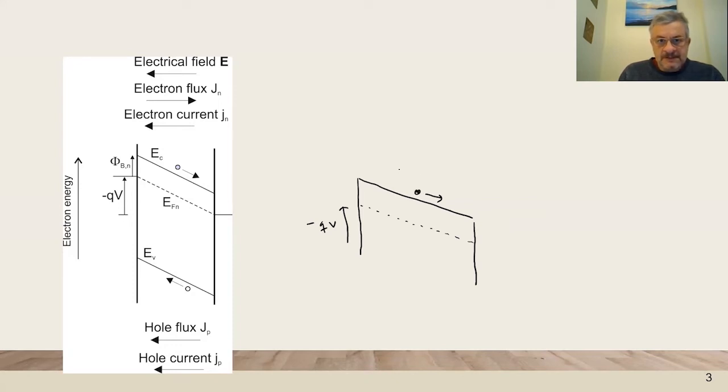And the electrical current will be to the left, opposite to the displacement. So if we have holes moving in the valence band, they go upwards in the tilted energy diagram, and the current is in the same direction.